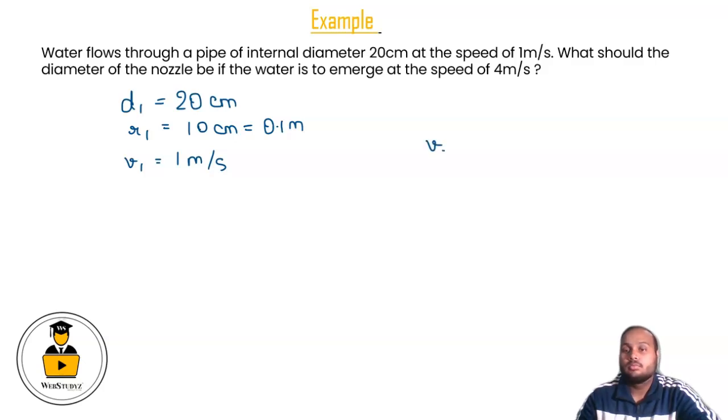Velocity v2 is given as 4 meter per second, but we need to find the diameter d2, and therefore radius r2.